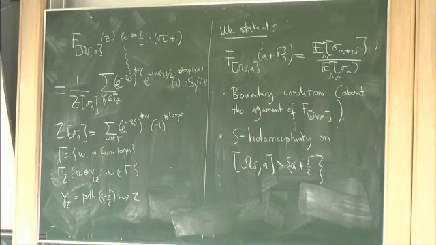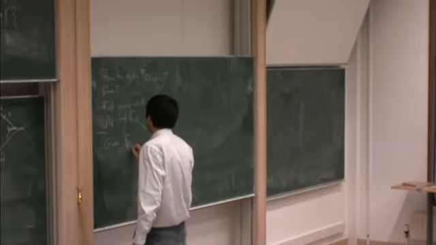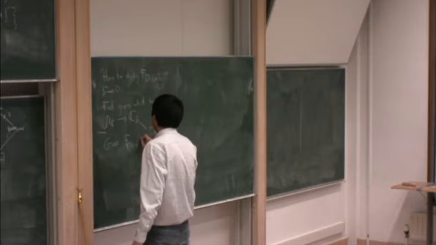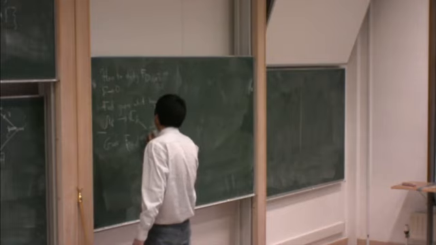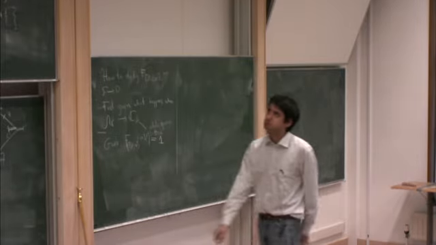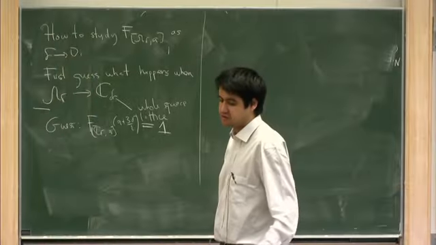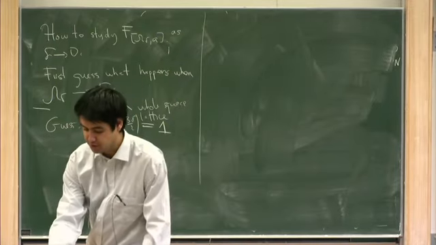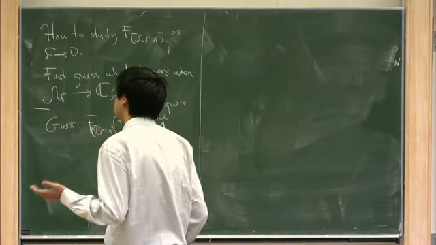But okay, we can still guess it should really be 1. So we guess that f of the whole plane at a plus 3 delta over 2 should be 1. That's a reasonable guess, in the sense that provided there is an infinite volume limit, that's what you should get.